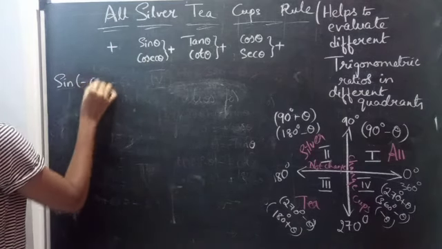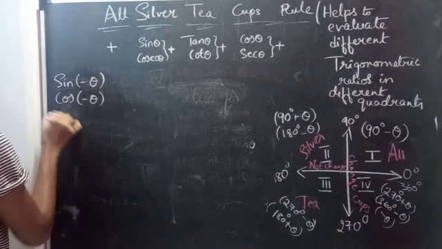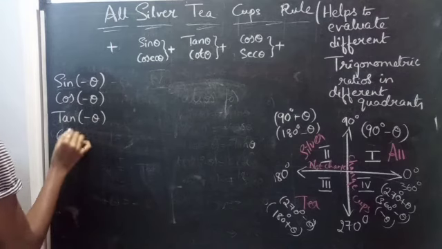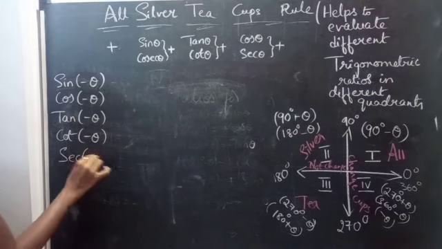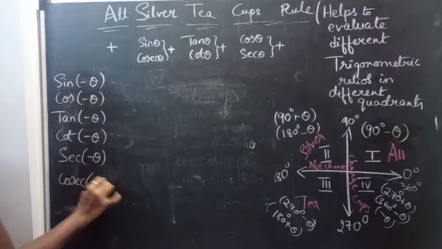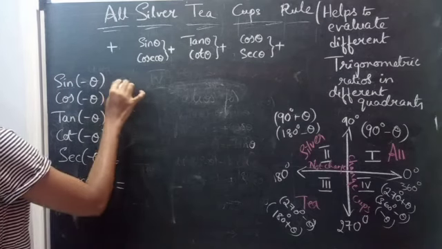Sine minus theta, cos minus theta, tan minus theta, cot minus theta, secant minus theta, cosecant minus theta. So this is for the fourth quadrant.